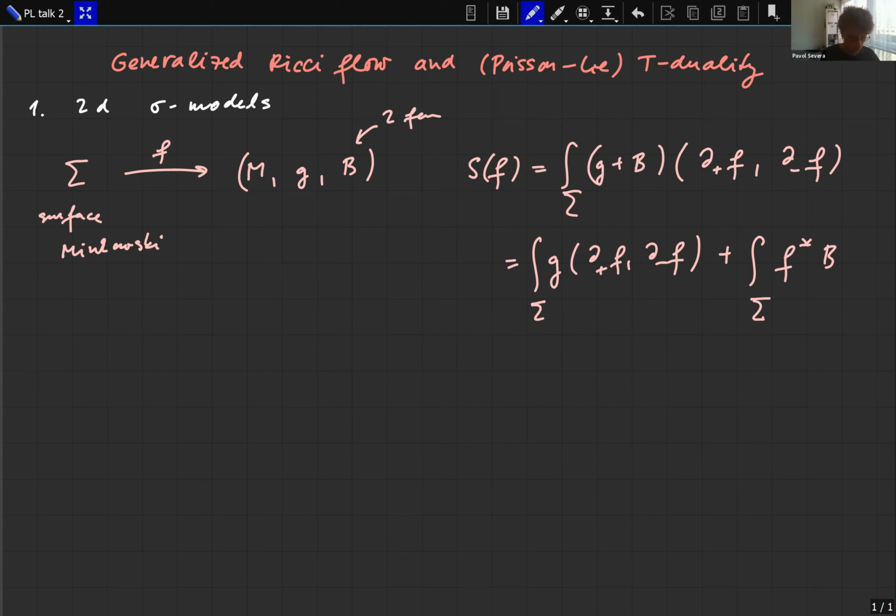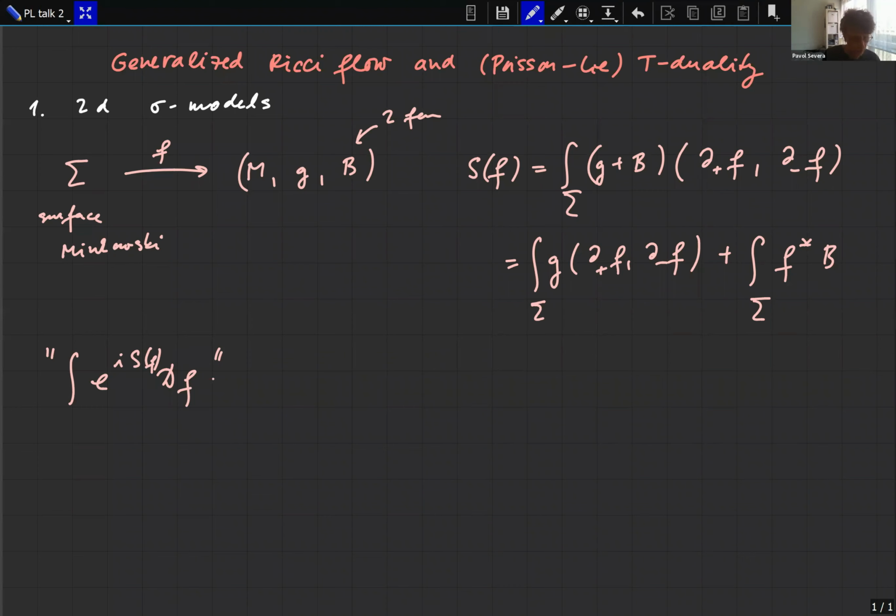Okay, that's all good. But now if people try to do it on a quantum level, as a two-dimensional quantum field theory, there would be this path integral. So we take e to the i S, integrate over all F's.